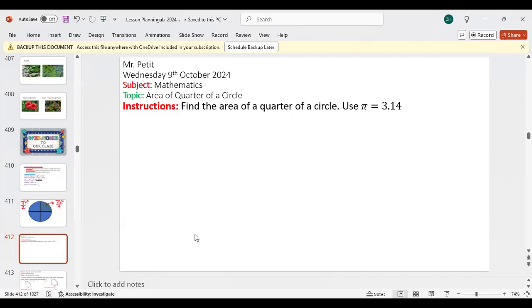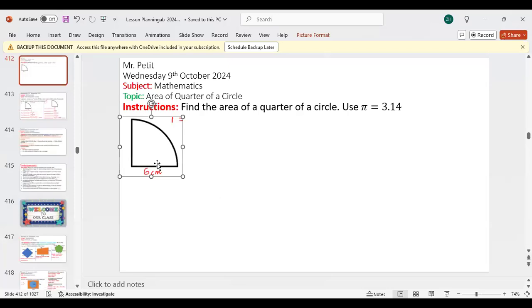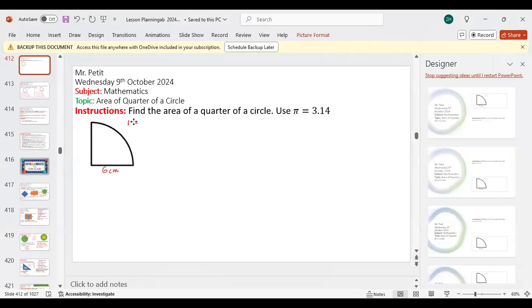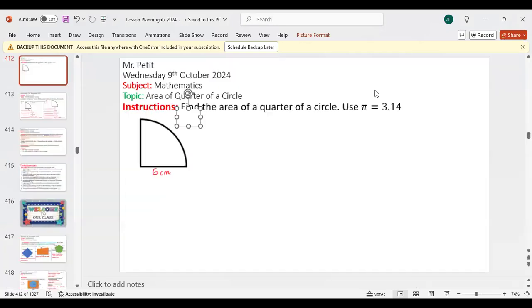I want you to draw it like this. So this is a quarter of a circle, and I want you to say that this part right here is, say, 6 centimeters, okay?